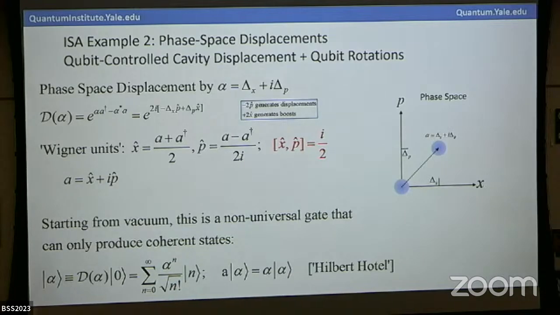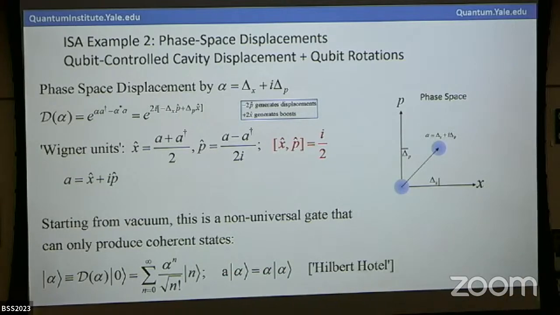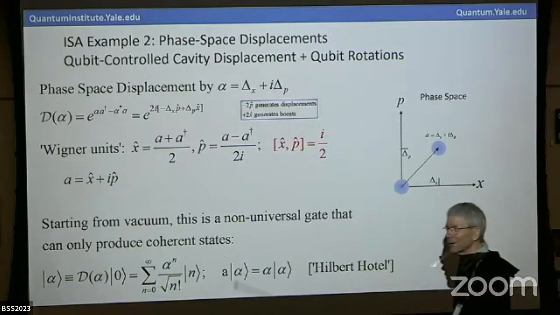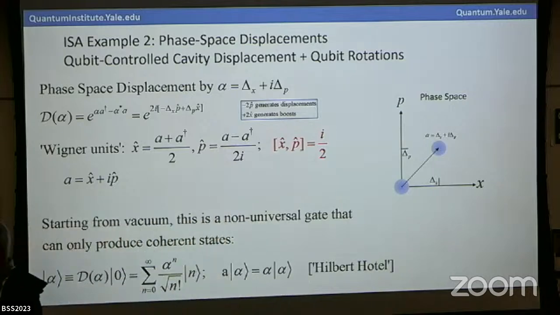And you also find out this weird thing that if you're in a coherent state and you destroy one of the photons, you're in the same state. This is the backwards version of the Hilbert hotel. So the Hilbert hotel, to explain the concept of countable infinity, a set is infinite if it can be put into a one-to-one mapping to a proper subset of itself.